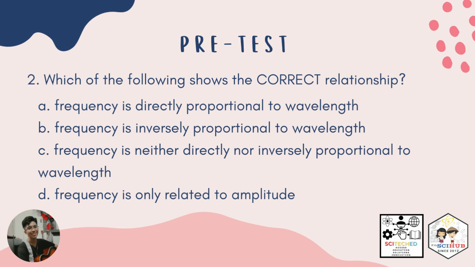Letter A. Frequency is directly proportional to wavelength. Letter B. Frequency is inversely proportional to wavelength. Letter C. Frequency is neither directly nor inversely proportional to wavelength. And letter D. Frequency is only related to amplitude.